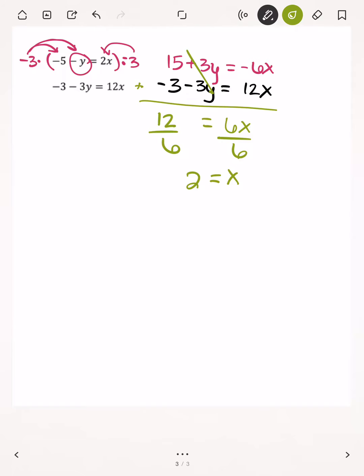Now what I'm going to do is plug that back in to one of my original equations. I'm going to choose the second equation. It does not matter which equation you use. And instead of the x value, I'm going to plug in 2. So I have a negative 3 minus 3y equals 12 times 2.